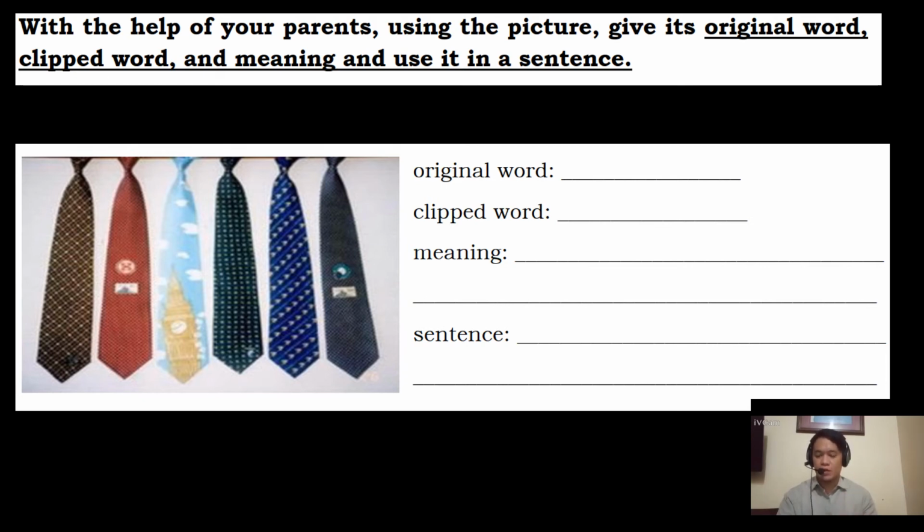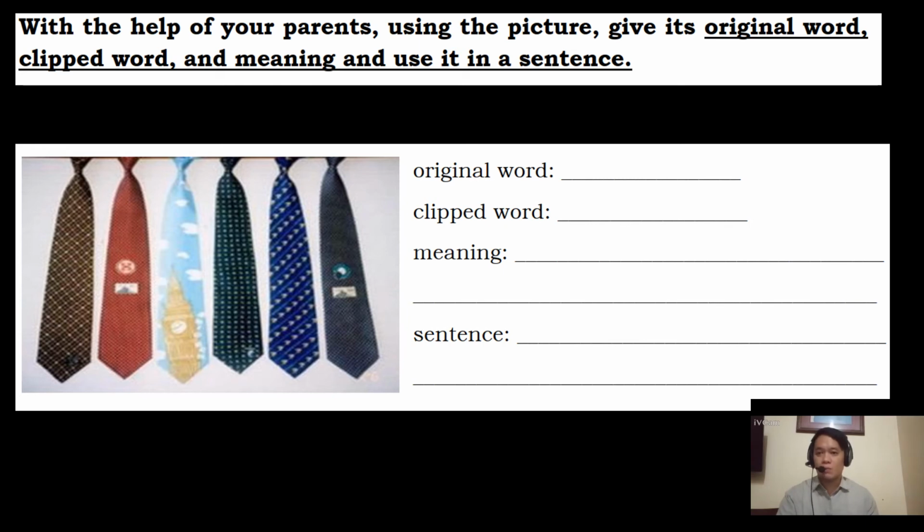For example, we have here in the left side, mga larawan or larawan. Yung nilalagay dito sa may collar. Okay? Usually, ang gumagamit ito lalaki. At nakikita na ito sa mga American movies or foreign movies, lalo na sa Western. Now, we have original word. Ano kaya ang original word dito? Next, we have the clipped word. Ano kaya ang bawas or clipped, omitted word dito?